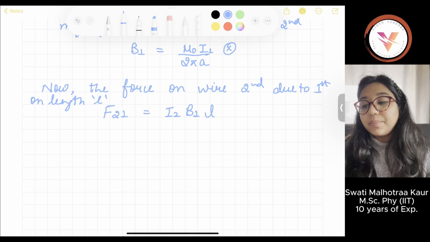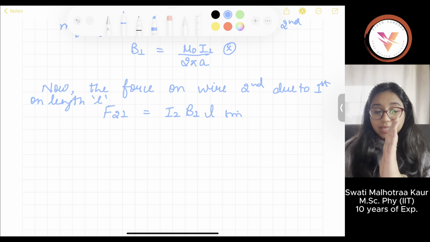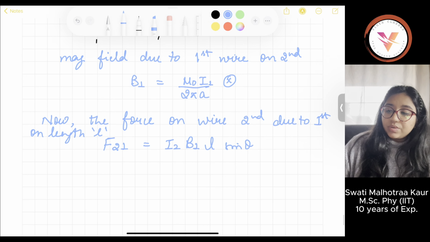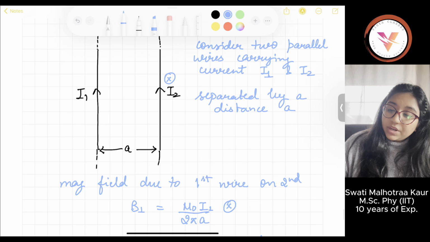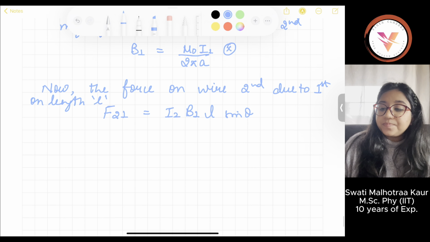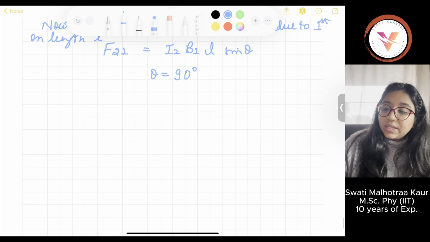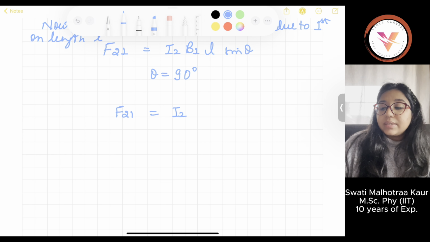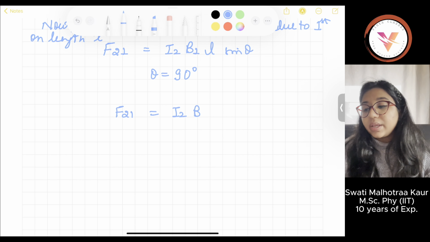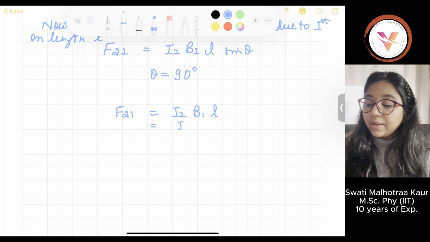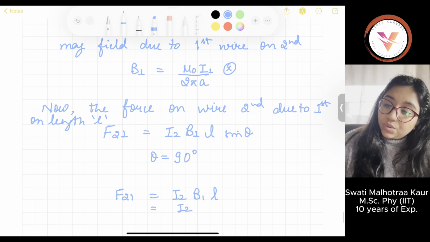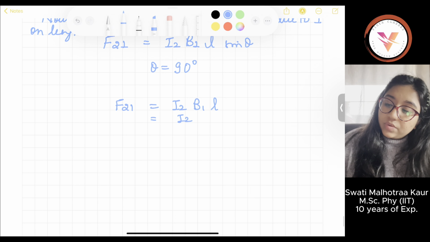Now theta is the angle between L and B. L is like this and B is vertically downward, so theta is 90 degrees here. So F21 is equal to I2 B1 L, and you can put the value of B1 here, which is mu naught I1 over 2 pi A, into L.